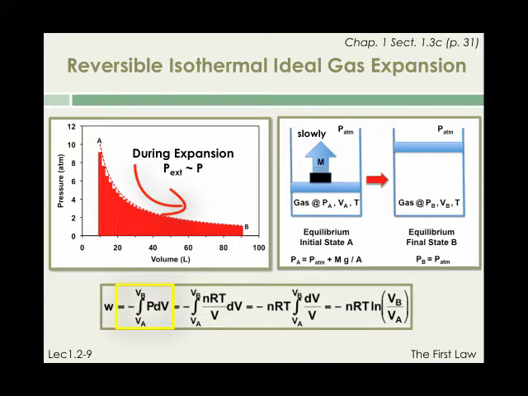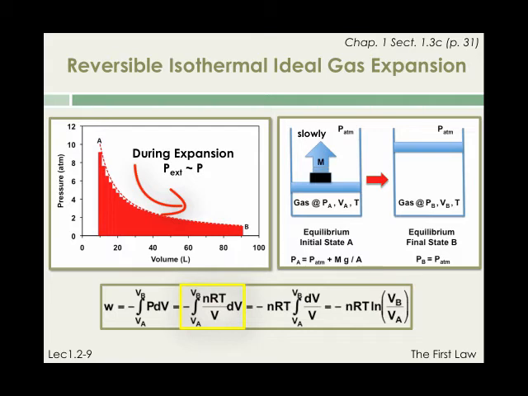Since the gas considered here is ideal, we can replace the pressure P, which is changing during the process, by nRT over V. The reason for doing so is that to integrate the product P dV, we need an expression of P as a function of V.